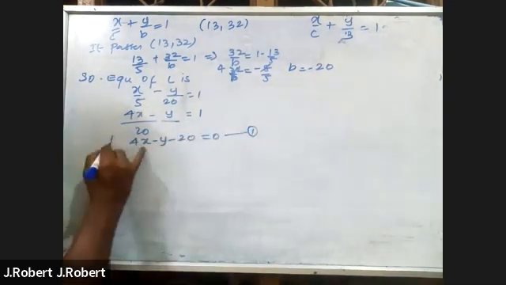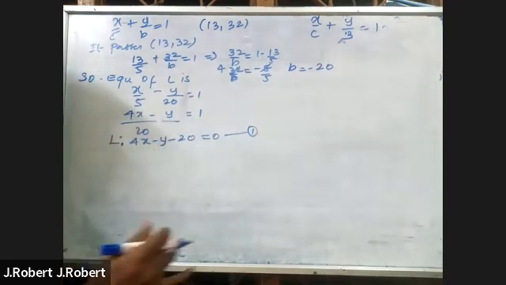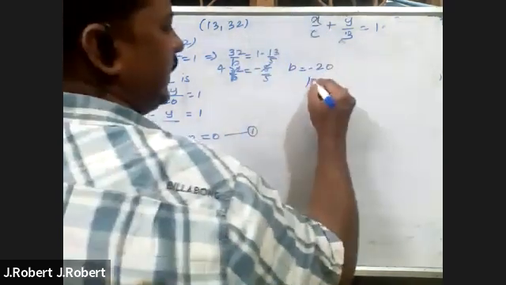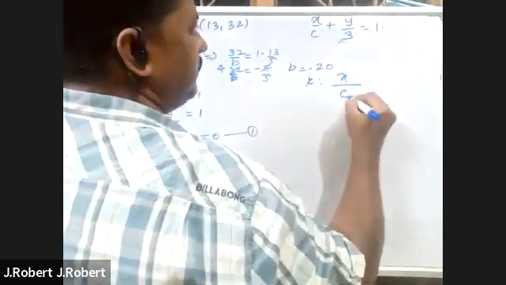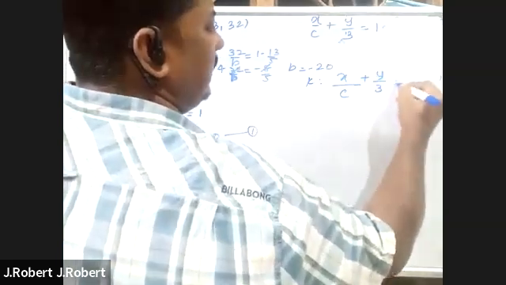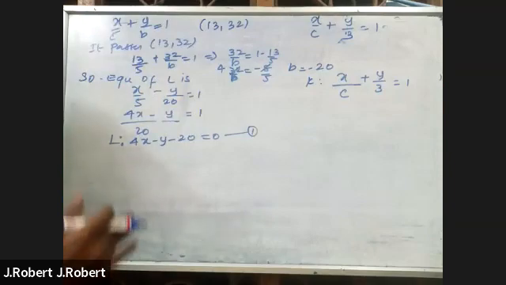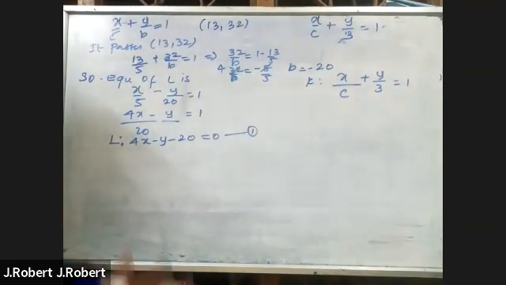This is nothing but the straight line L, and K is parallel, as given. L is 4x minus y minus 20 equal to 0. The line K is x by c plus y by 3 equals 1. Note carefully: if two lines are parallel, the coefficients of x and y are equal.